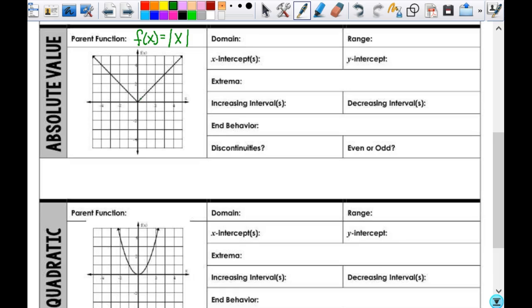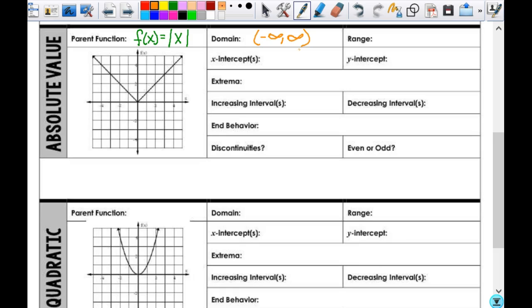Okay. So our domain then, what is the domain for this parent function? Good. Negative infinity to infinity.